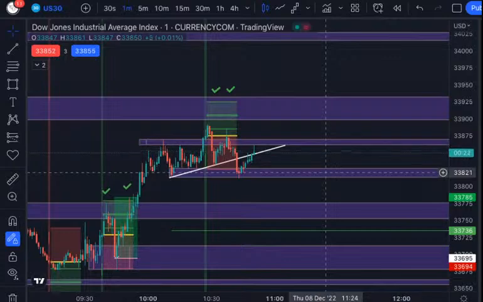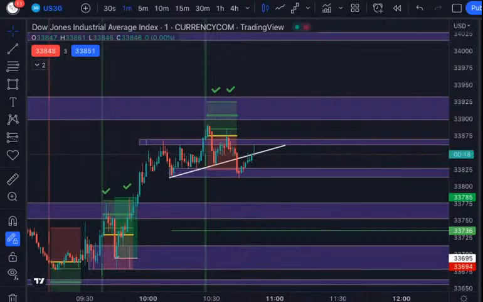Alright, people, it's just a matter of being patient at this point. You just gotta be patient at this point. The market's creating that right shoulder, or left shoulder, however you want to look at it.